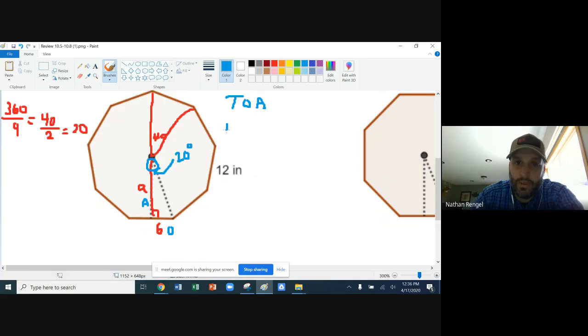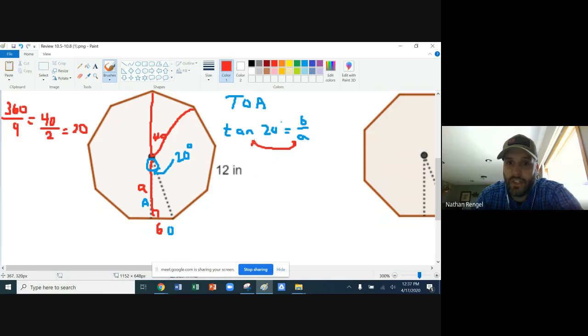So we set it up: tangent of 20 is going to equal my opposite, which is 6, over my adjacent, A. As you get more experience with trigonometry, you're going to find out that all that happens here is your tangent and your A are going to switch positions.